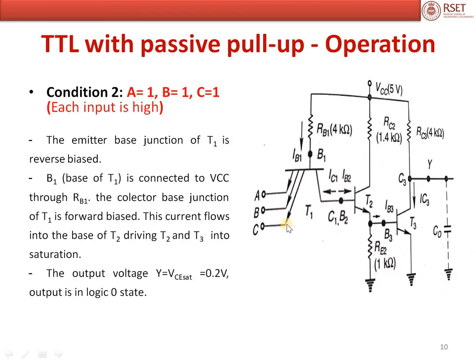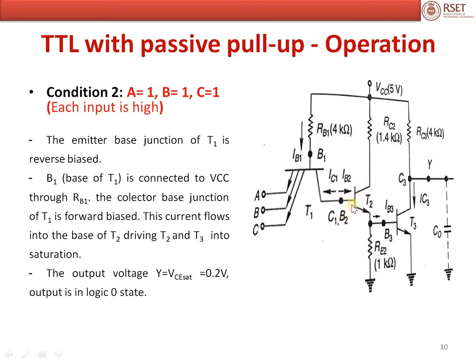Now the second condition: if all the inputs are high, then the base-emitter junction of the transistor T1 is reverse biased. But at the collector terminal of T1, there is sufficient current flow to the base of transistor T2, so that T2 becomes on.